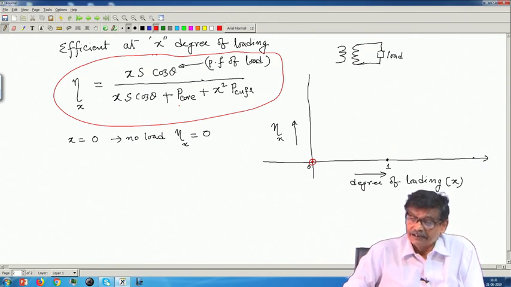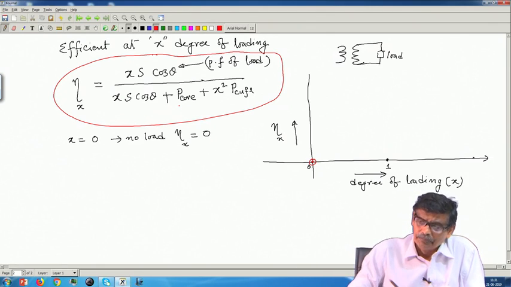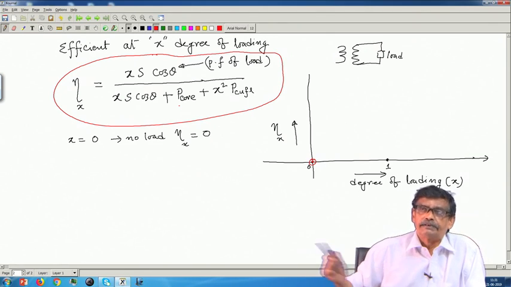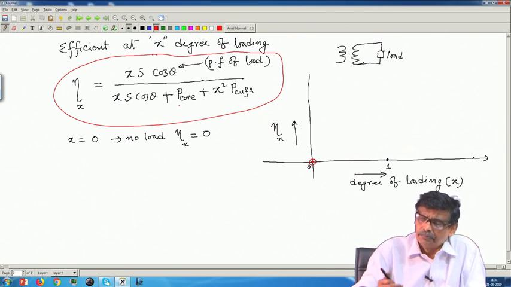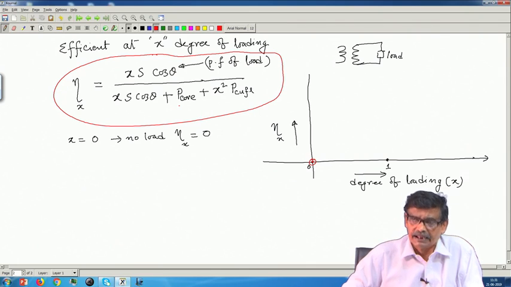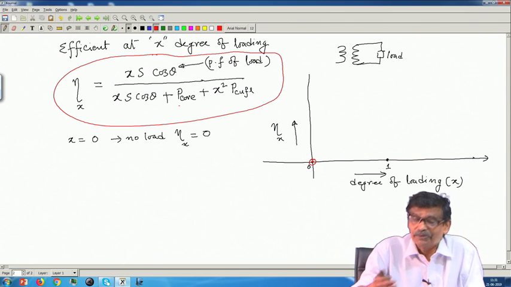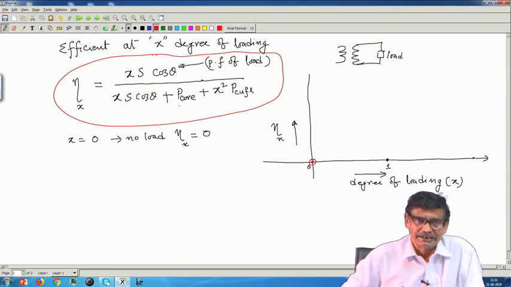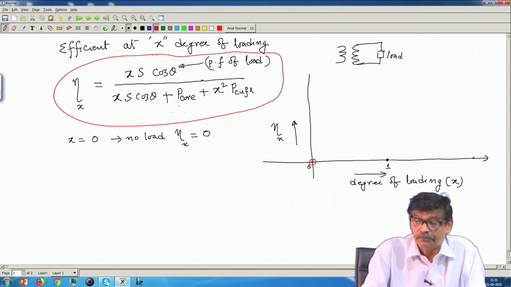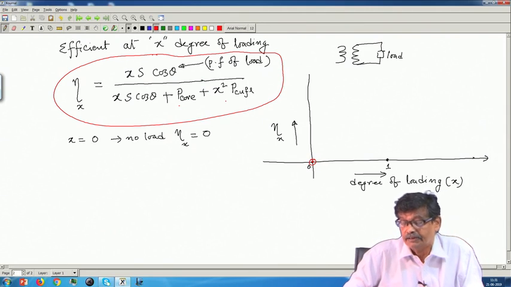Now, suppose you make x very large. I want to have some idea how this efficiency curve changes. Suppose x is made very large, at least theoretically. I will not subject the transformer to this high degree of loading, but let us mathematically see what this expression tells me.